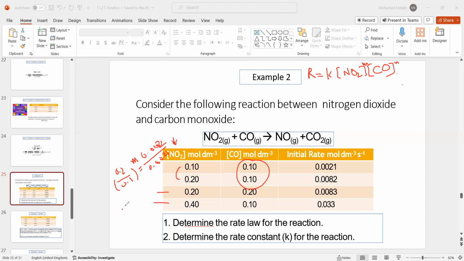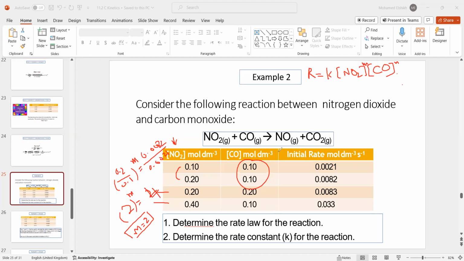Basically here you have 2 raised to the power m equals, sorry, 4. So this m must equal 2 in order to make the equation correct. So the chemical reaction in relation to NO2 is second order, and we can replace this m by 2.